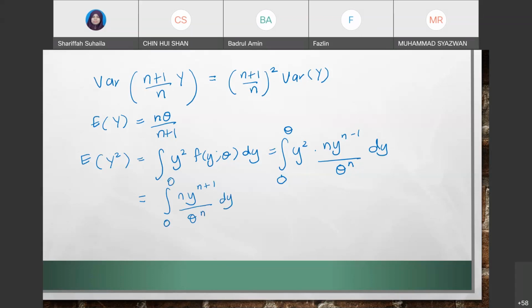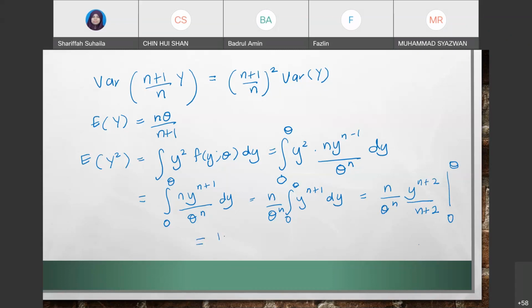Lepas tu baru kita integrate. So n over theta^n, integrate y^(n+1) dy, you will get n over theta^n times y^(n+2) over n plus 2. So ganti nilai 0 dan theta.